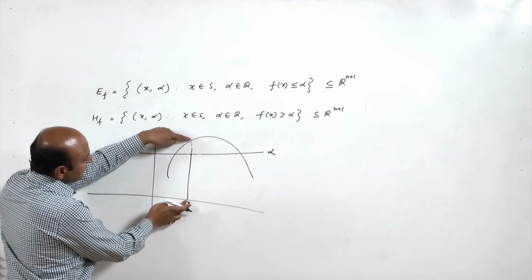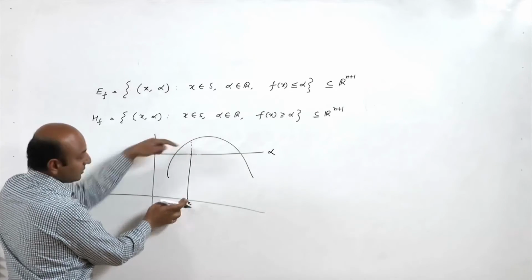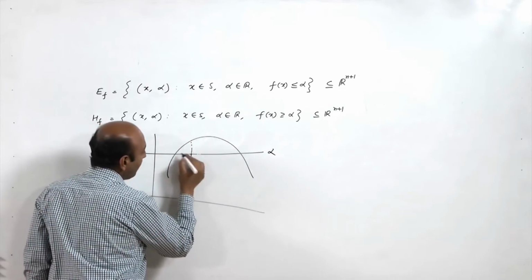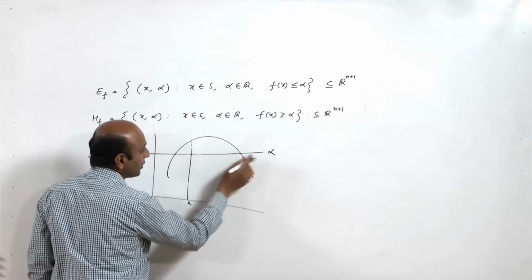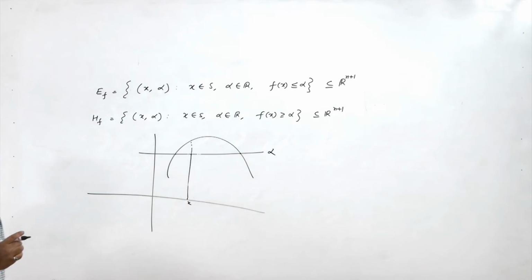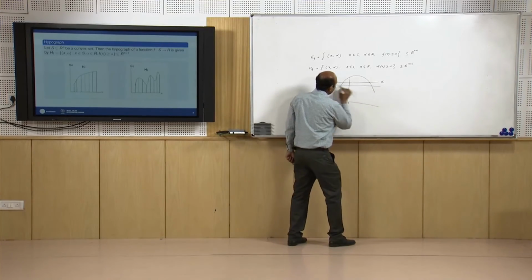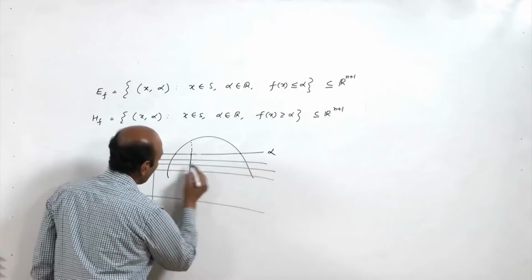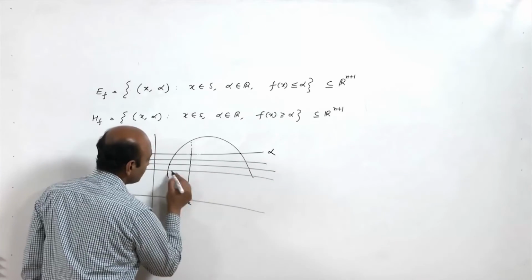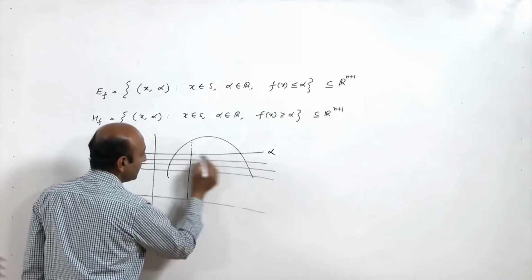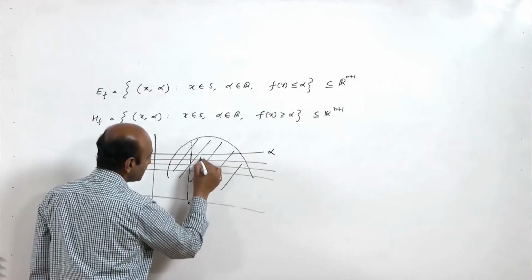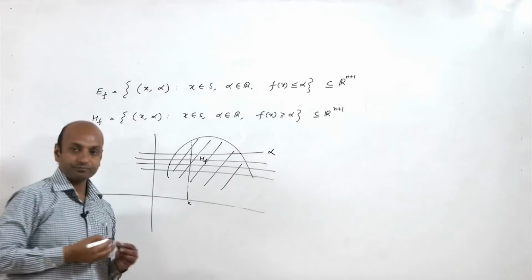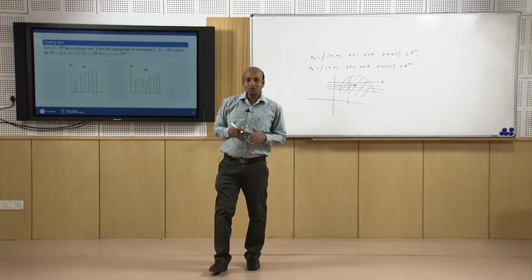So that means f(x) is greater than or equal to alpha. In this way you get this chord joining these two points for this particular alpha. Similarly, if you vary alpha, you will get all these chords. So the hypograph of this region will be nothing but this thing, and this function is concave.